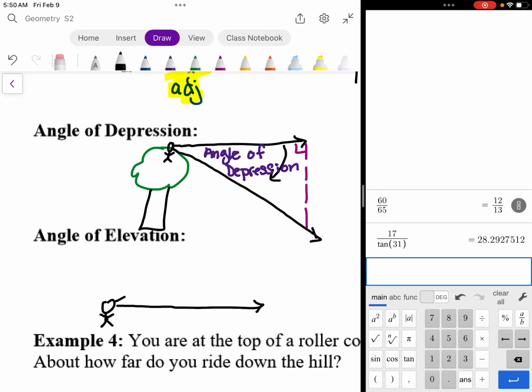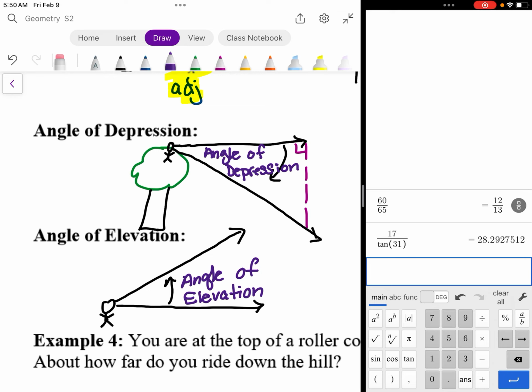And then the angle of elevation would be if you were to look up at an object.